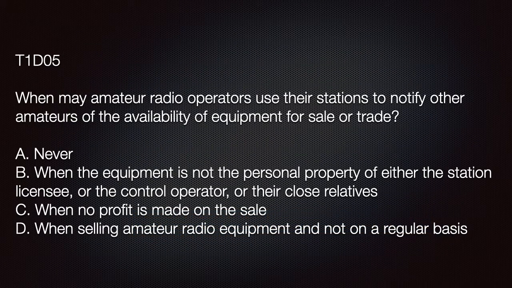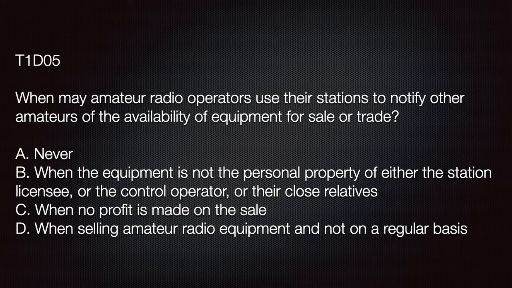So, on the exam, the question will be something like this. When may an amateur operator use their stations to notify other amateurs of the availability of equipment for sale or trade? A. Never. B. When the equipment is not personal property of either the station licensee or the control operator or their close relatives. C. When no profit is made on the sale.